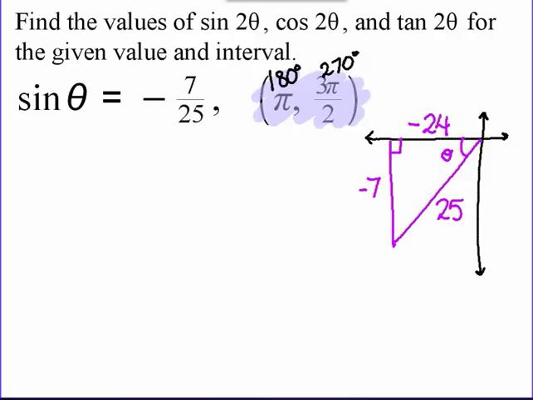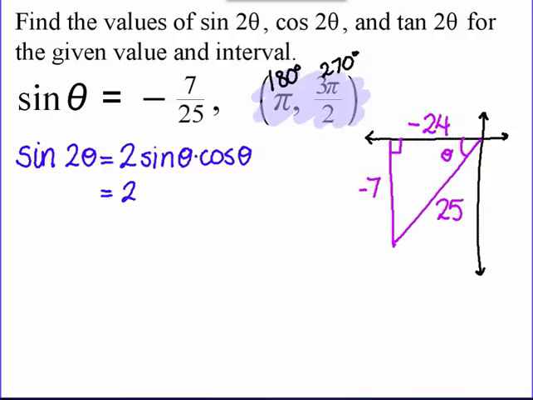And so now what we need to do is find sine of 2 theta. Sine of 2 theta from the formula equals 2 sine of theta times cosine of theta. So all we have to do now is plug in those individual values. I know that sine of theta from the problem is negative 7/25. I know that cosine of theta from the picture is negative what? Negative 24/25. Good.